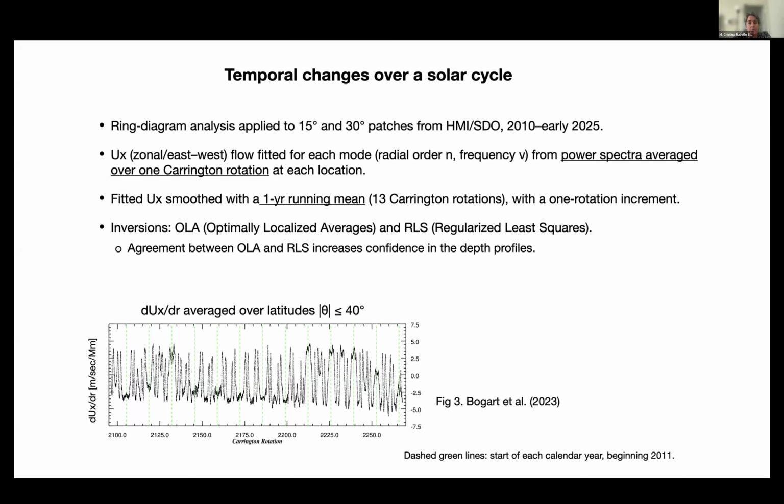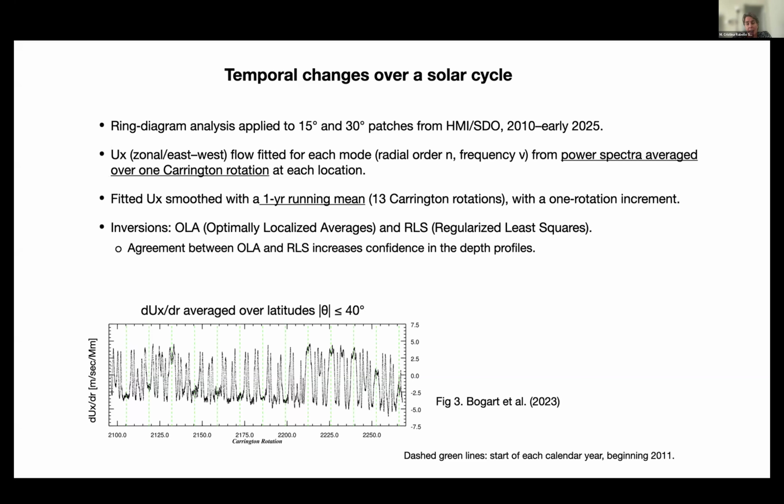So we use 1 Carrington rotation, and also we do a 1 year running mean with 1 Carrington rotation increment. We do this because in the bottom plot, figure 3 from our paper from 2003, Bogart et al., we see this so-called hemispheric variation because it's based at all latitudes. So we need to do this smoothing to get rid of these variations.